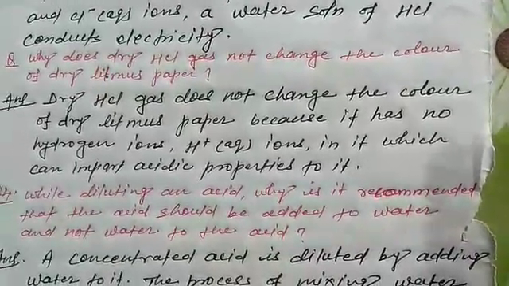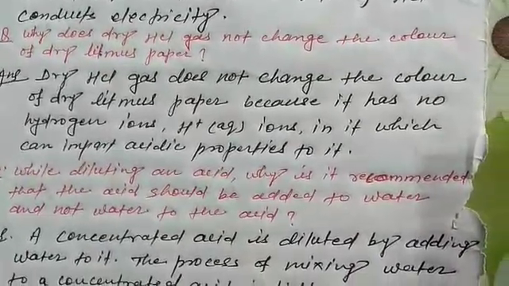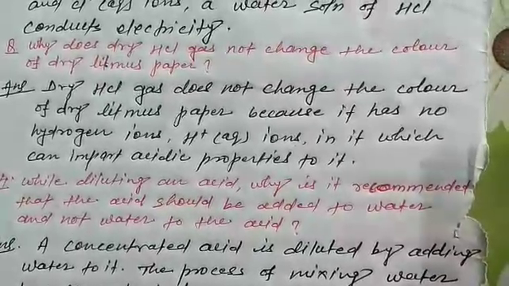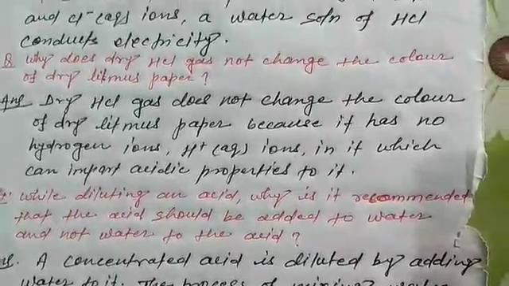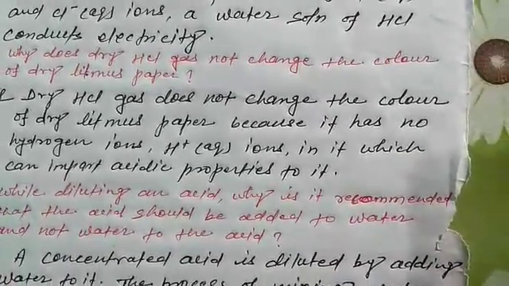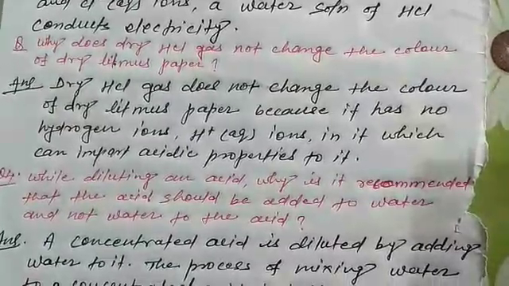Dear students, when a substance does not contain H plus aqueous ions, it does not show acidic characteristics. That is why dry HCl gas does not change the color of litmus paper.